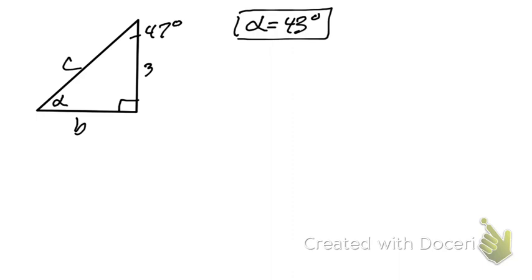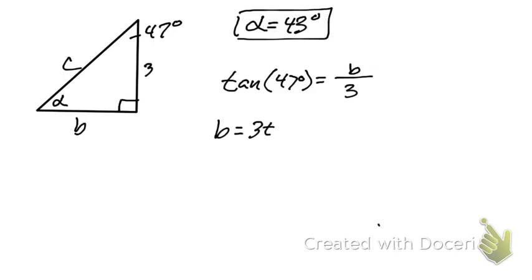So we just have to use our tangent, because the tangent of that angle, or 47 degrees, is opposite over adjacent. Well, opposite is that B value. Adjacent is that 3. Multiply both sides by 3, and you get B equals 3 tangent of 47 degrees, which should be about, I ended up getting about 3.2.